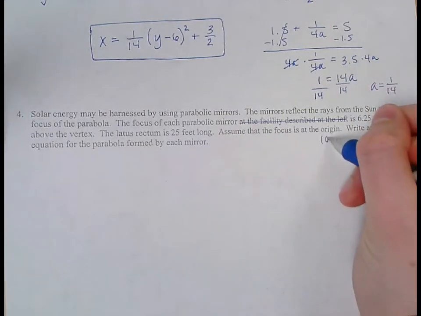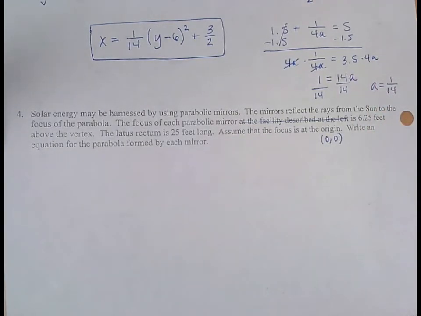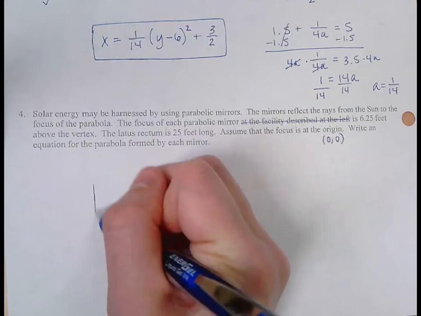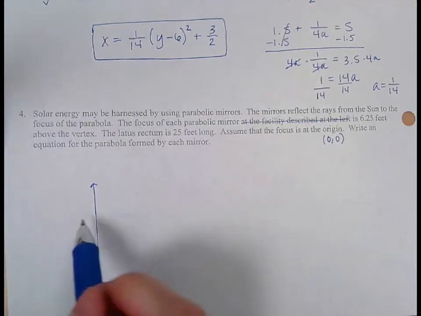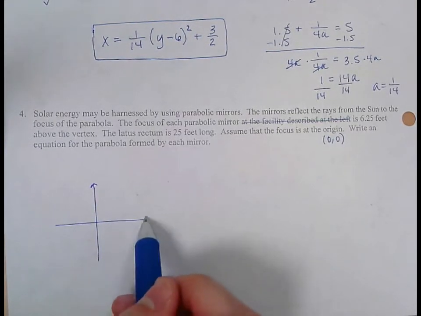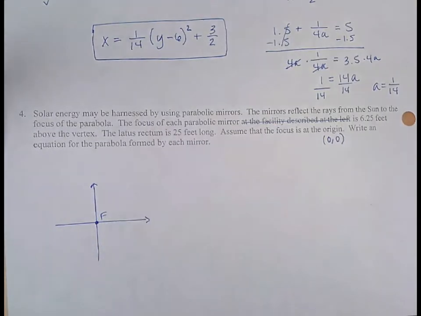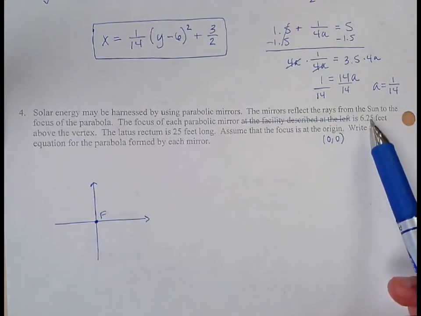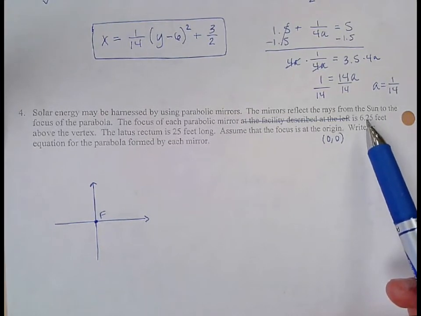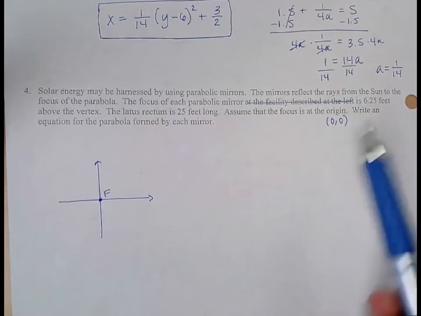So the focus is at the point (0, 0). If I were to make a sketch of this, (0, 0) is my focus, which I'm told is 6.25 feet above the vertex.